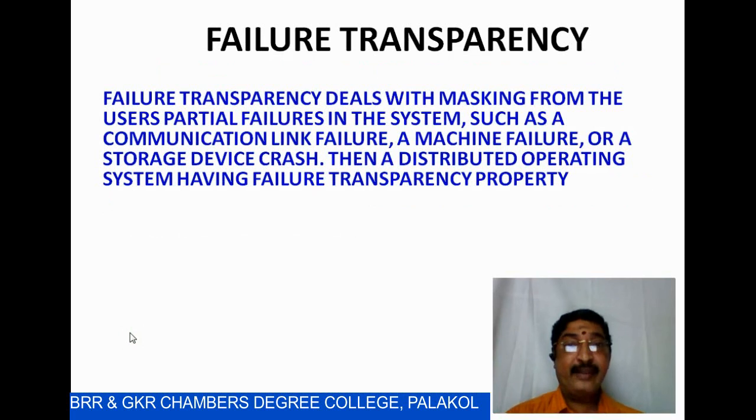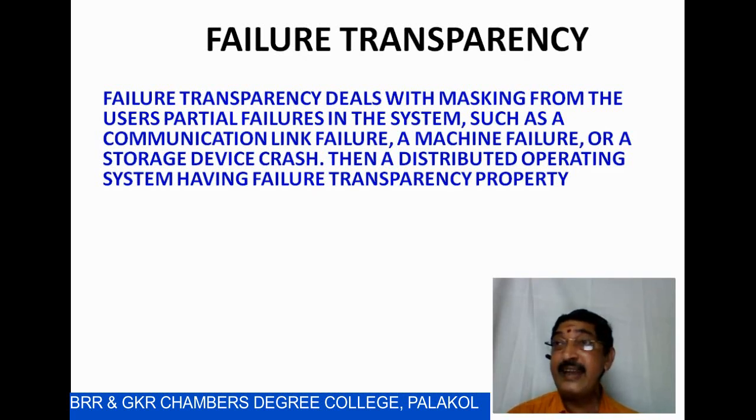Another transparency is failure transparency. What is failure transparency? While working, some part of the system or some machines in the system may fail in the middle.